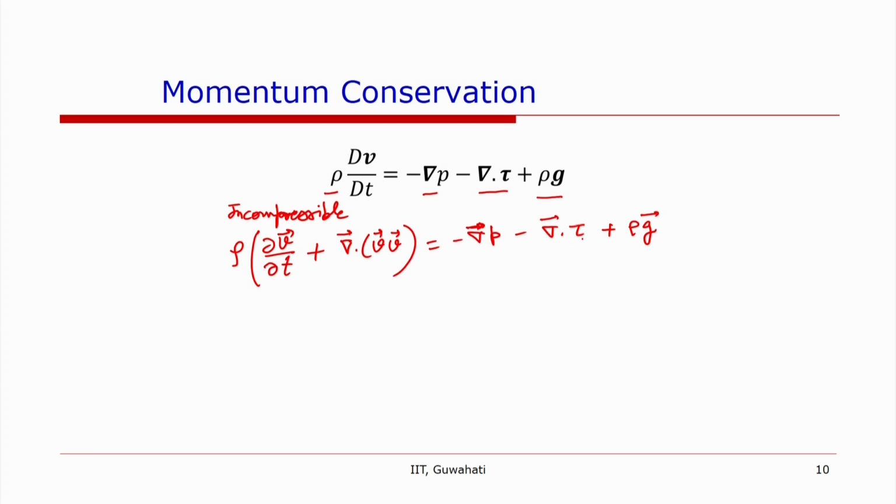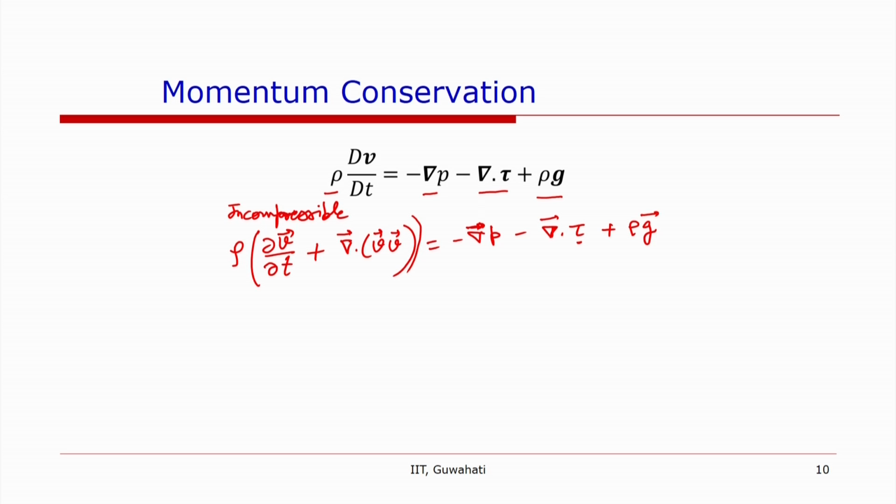But tau is a second order tensor, and its dot product with del will result in a first order tensor. That means it is also a vector. Similarly, V V is a dyadic product and is a second order tensor, but its dot product with del will also be a first order tensor, so it is a vector.